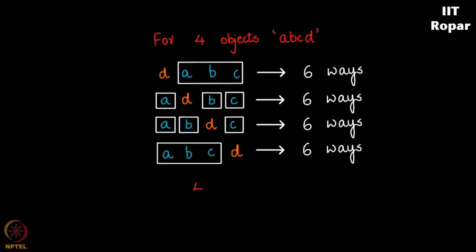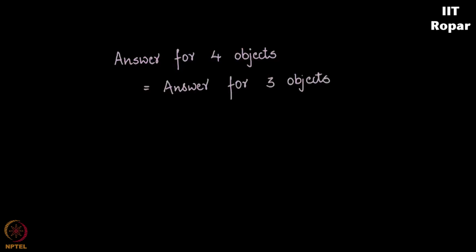So basically it is 4 times 6 ways, which in other words, let me write that down. Answer for 4 objects is going to be answer for 3 objects times 4, which we know answer for 3 objects was 6. It is 6 into 4.